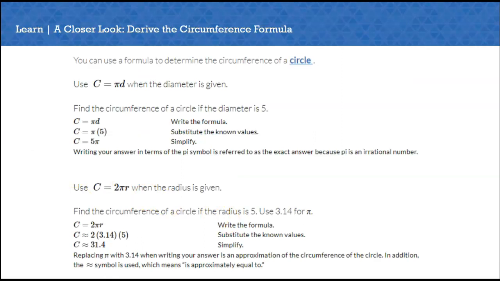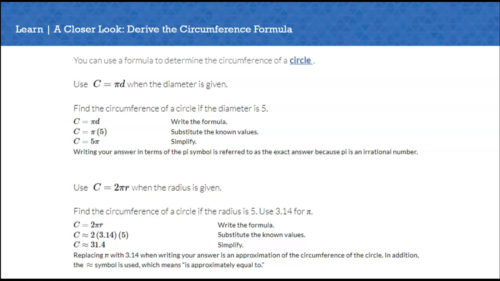You can use a formula to determine the circumference of a circle using c equals pi d when the diameter is given. Notice here the diameter is 5, so I've substituted the value, and I've simplified it to say that c equals 5 pi. This is our exact answer when asking for the circumference of a circle in the exact answer, or in terms of pi.